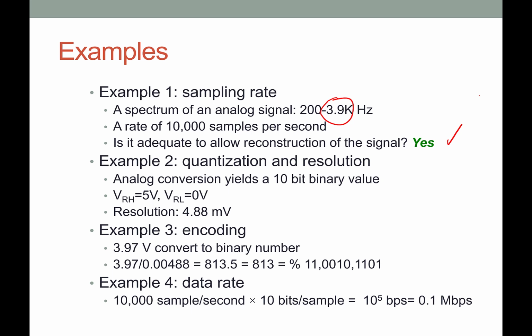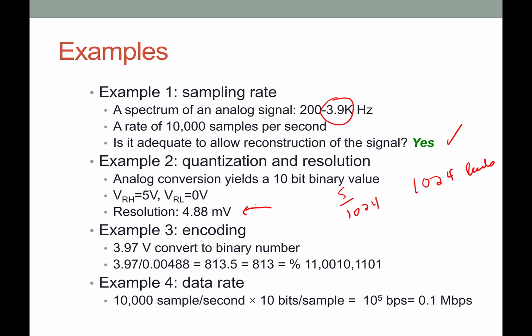Analog conversion, it says, yields a 10-bit binary value. We just discovered that 8-bit is 256 levels, so 9-bit is 512 levels, 10-bit is 1024 levels. And if our VRH is 5 and our VRL is 0, then what is 5 over 1024?